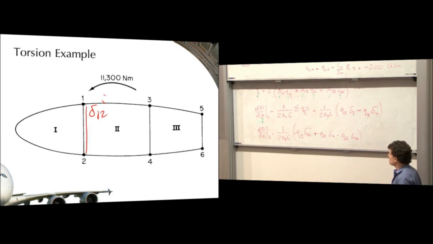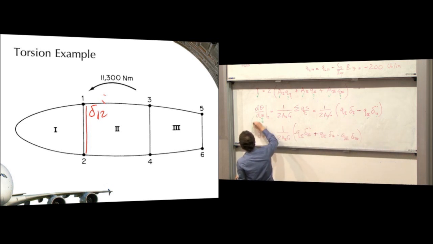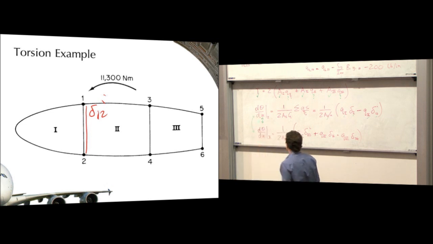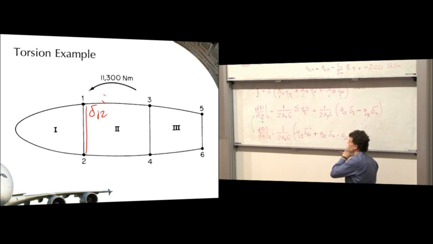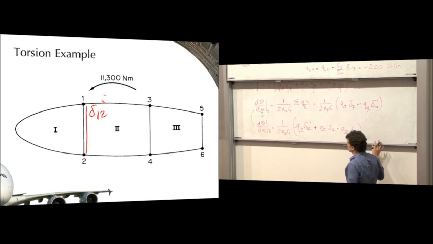So have I introduced any more unknowns into this equation? No, because we've assumed that these two are the same. So there's no new unknown there, and everything else, there's no new unknowns. So we're closer. We've now got 4 unknowns and 3 equations. And we need one more.